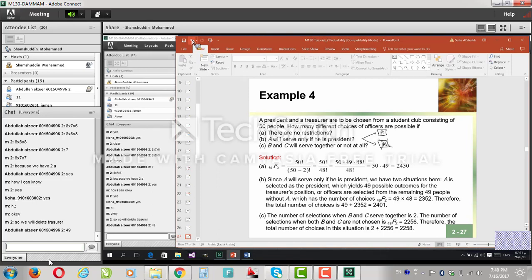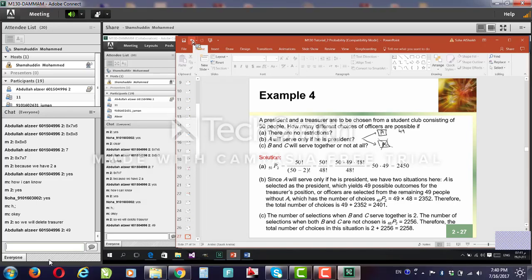Okay, if A plays with me, I will remain with 49 to choose the treasurer out of them. Okay, so all are 49 now. I chose A as president, so I have 49 to choose one from, so in the first case I have 49 ways. Okay.